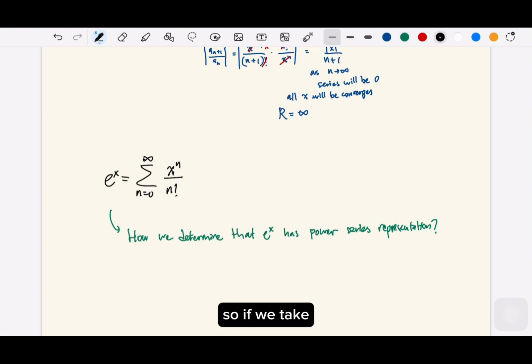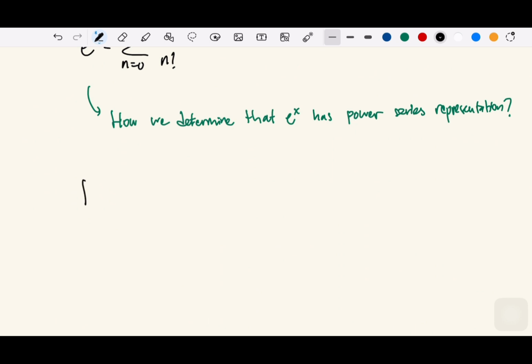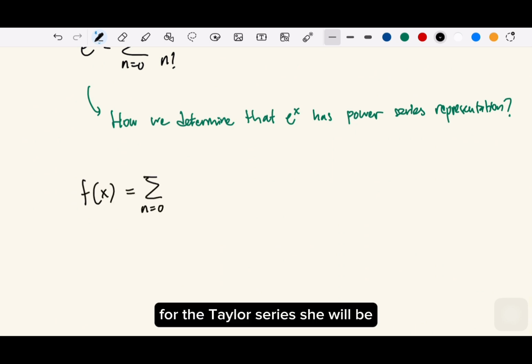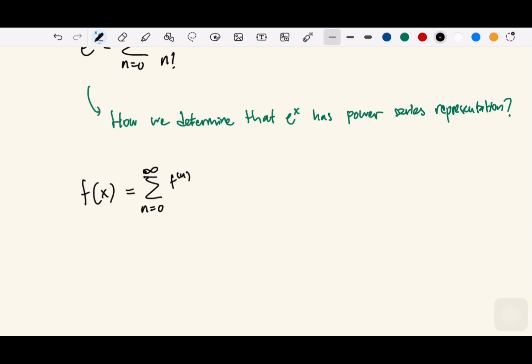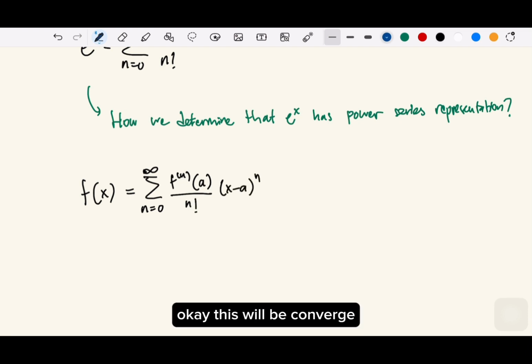If we take the original setup for the Taylor series, this will converge, right?